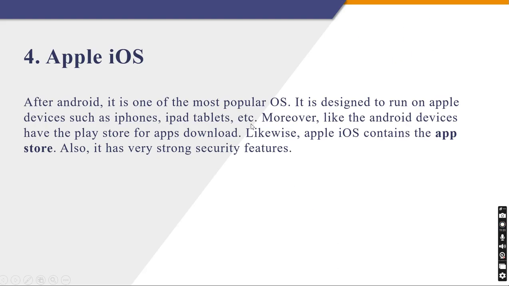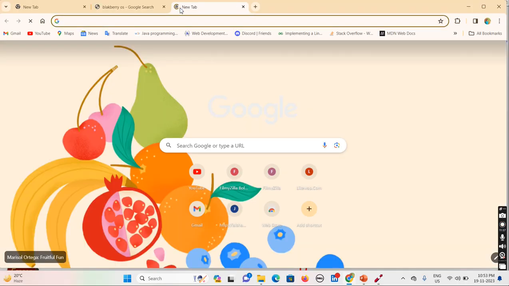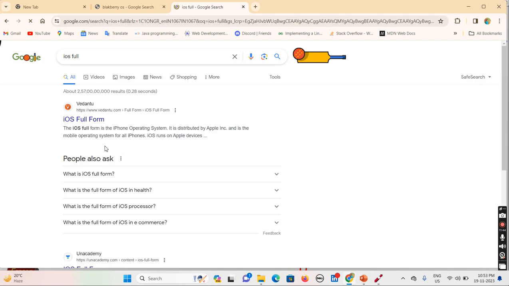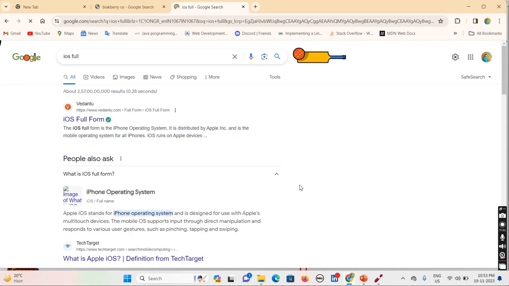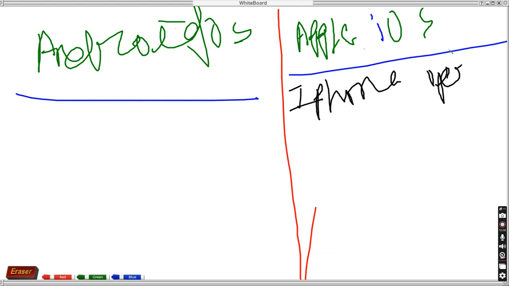So first, what is iOS? Go back to Google. What is iOS full form? Sorry, my network is slow. iPhone operating system. iOS means iPhone operating system.